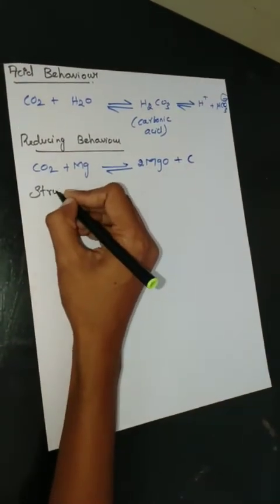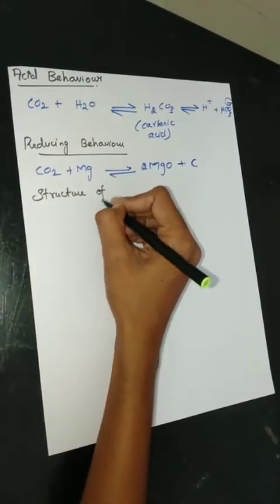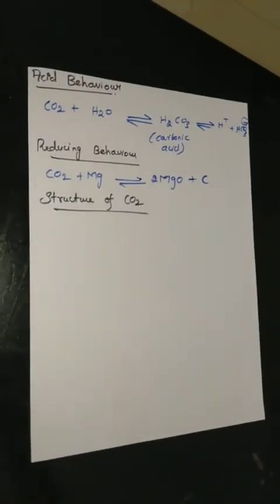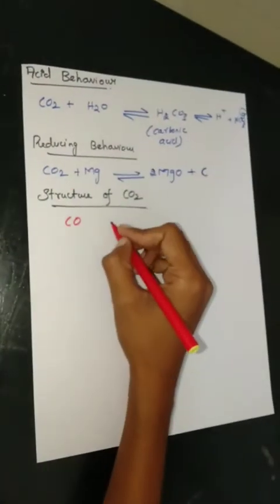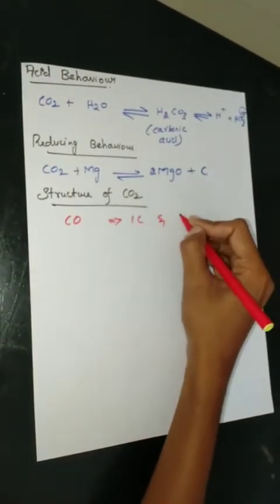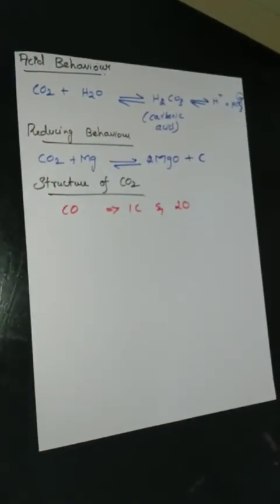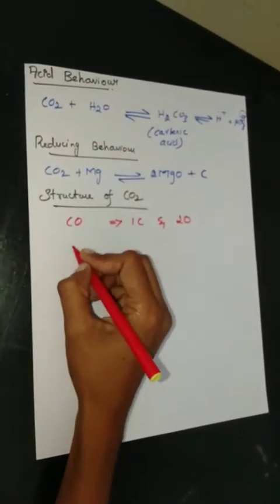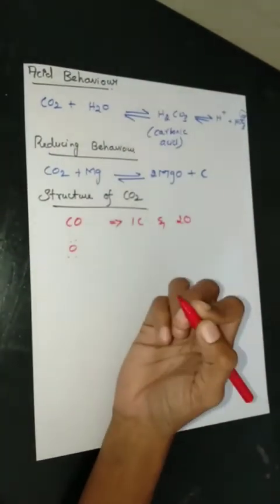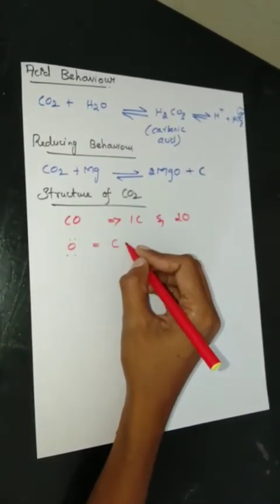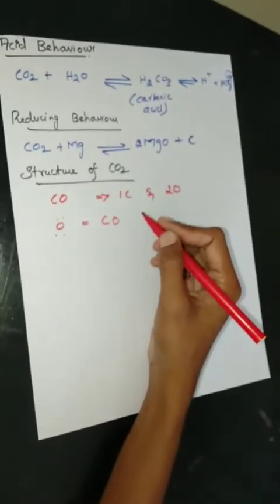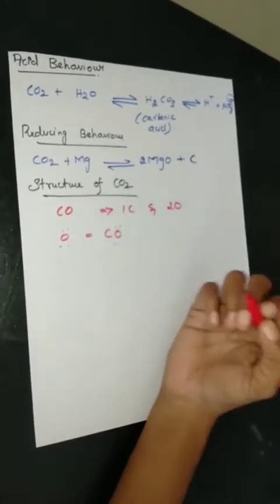It is very easy to draw. In carbon dioxide there is one carbon and 2 oxygens, am I correct? Here the carbon has double bonds and each oxygen has 2 lone pairs of electrons.